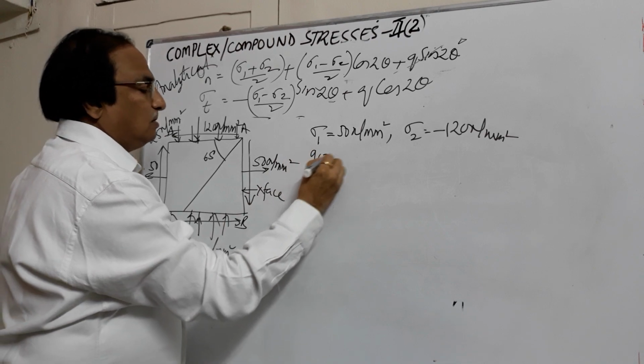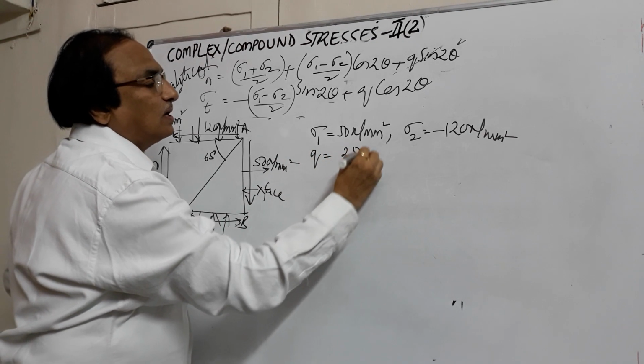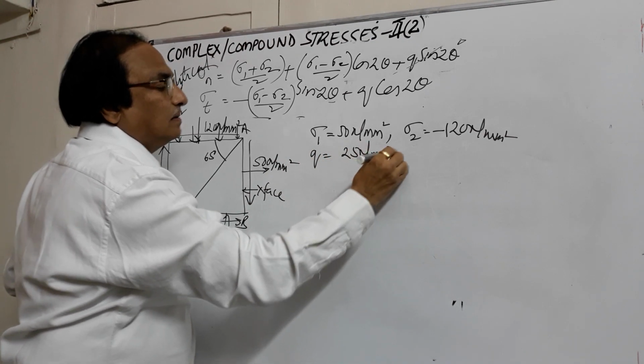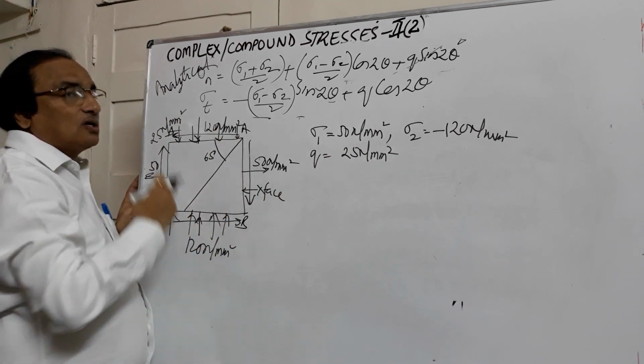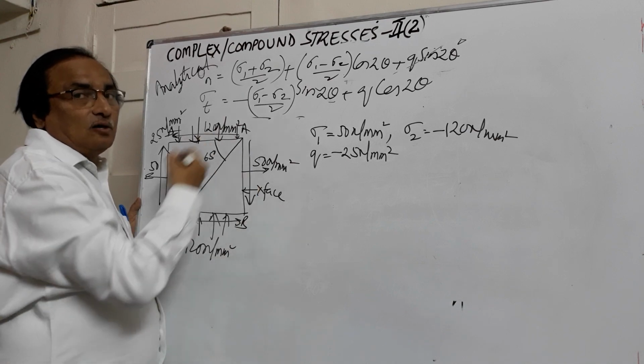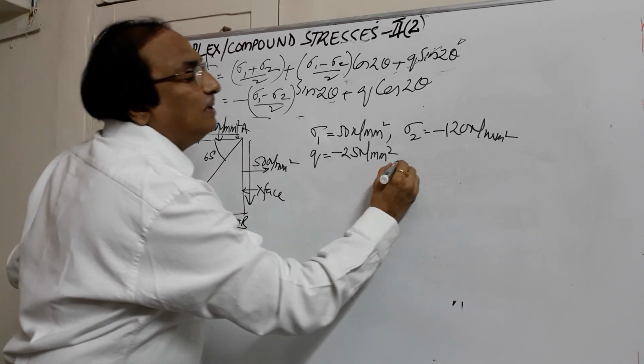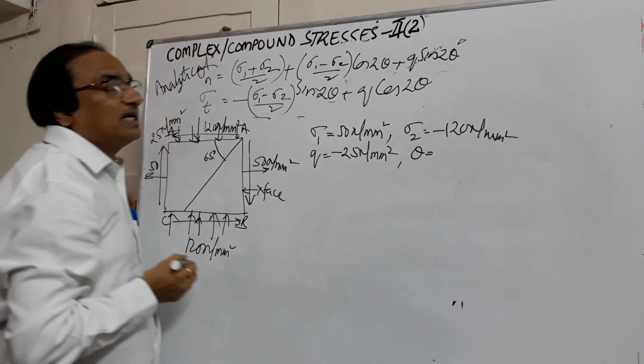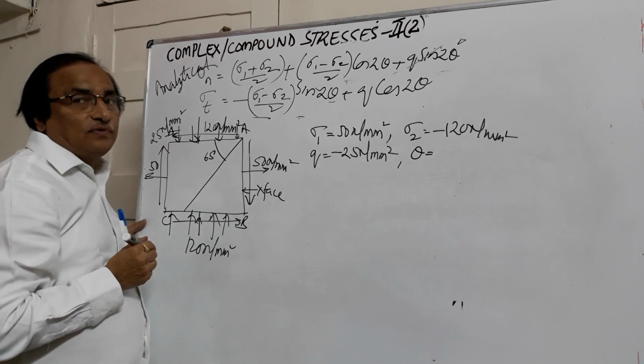Q is equal to 25 Newton per mm square, but on the x face it is going clockwise, so if it is clockwise it will be minus. Anti-clockwise is always positive.